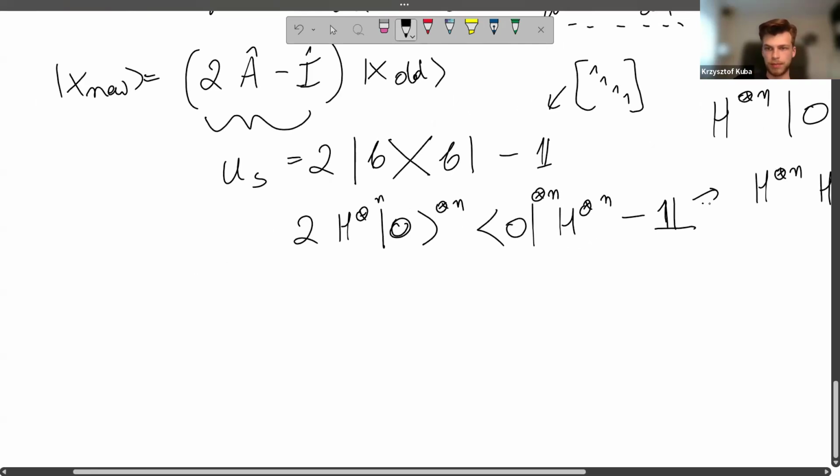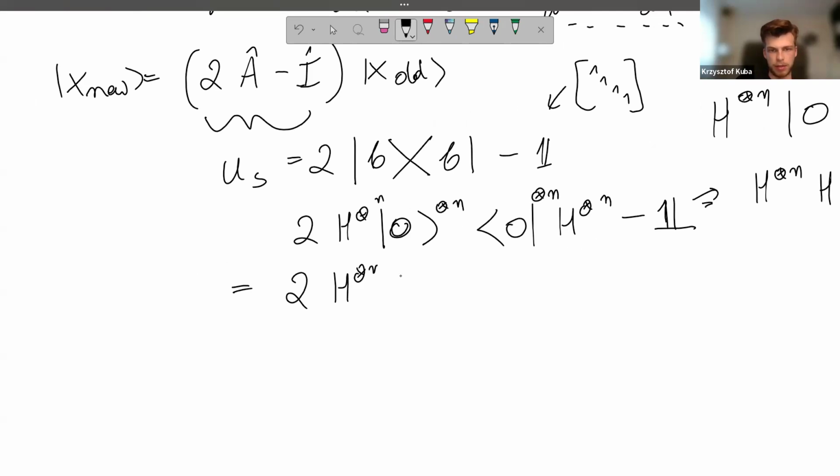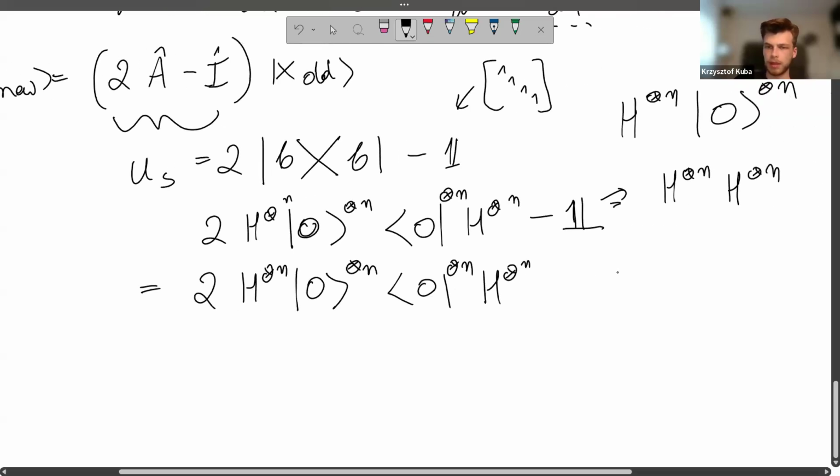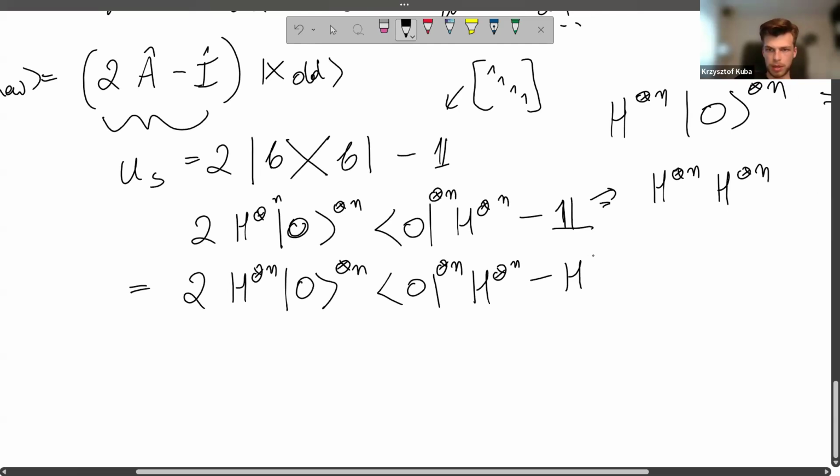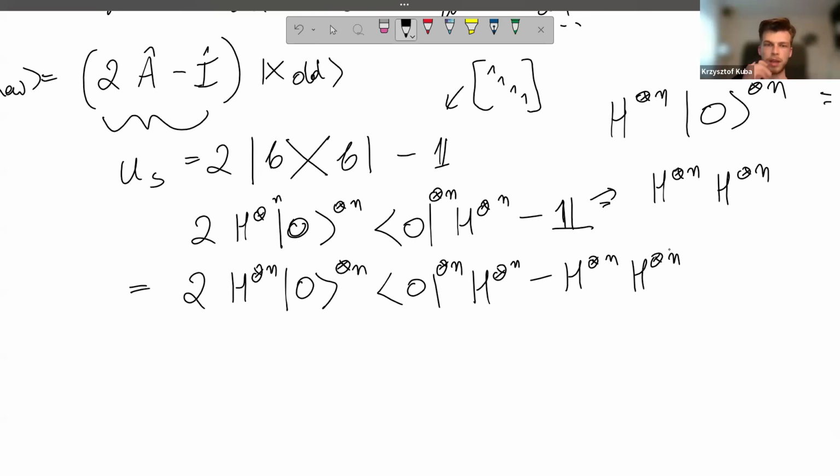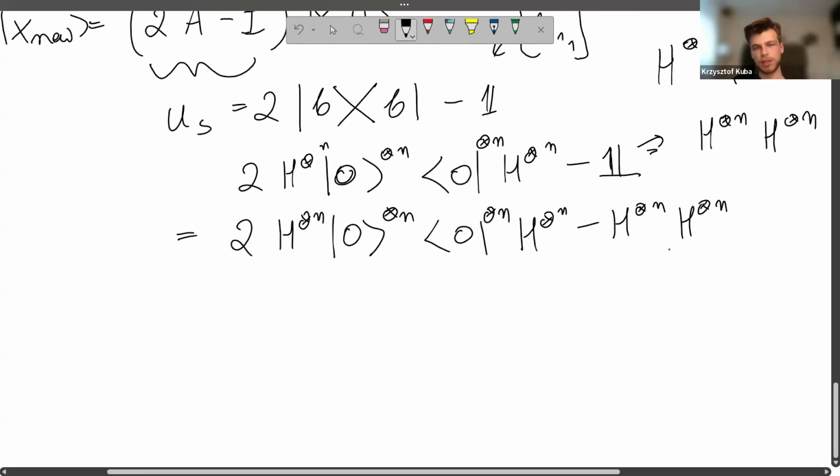So our equation now becomes 2 times Hadamard gates applied on every qubit times the 0 state of the qubits, minus Hadamard and again Hadamard, and we would like to decompose it into 2 different sets of gates.